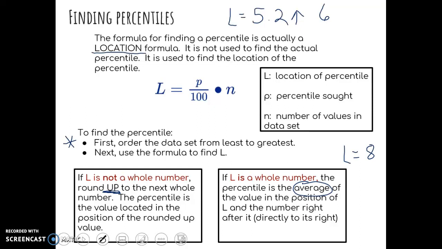So we're going to average the 8th and the 9th number together. If you got L equals 7, you would average the 7th and the 8th number together. If you got L equals 21, you would average the 21st and the 22nd number together. Again, this is why it's so important to put the numbers in order first. And when we say average, that means find the mean, add the two together, and divide by 2.